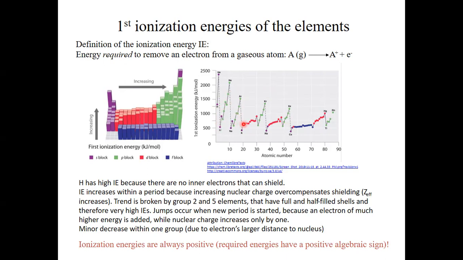However, from the first group onward, where we have d elements to consider also, there's in principle a similar trend, but the ionization energy increases far less steeply in comparison to the main group. It's only slight, it's almost constant. So we can see if we can find an explanation for that.